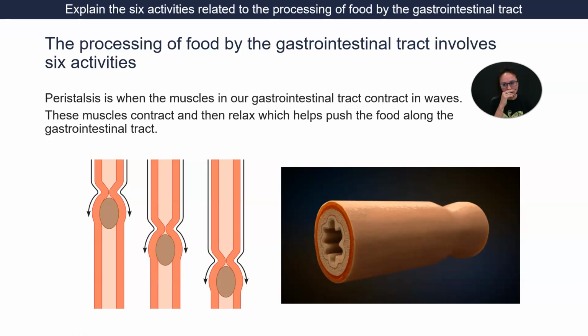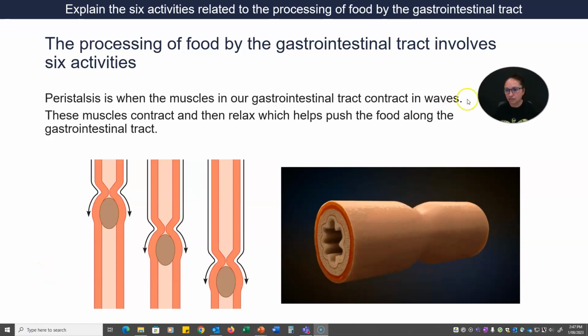So in the swallowing video, you're going to hear a word called peristalsis. Now, what does that word mean? Well, see the red stuff? That's all smooth muscle in our gastrointestinal tract. When those smooth muscles contract, they contract in waves, okay?